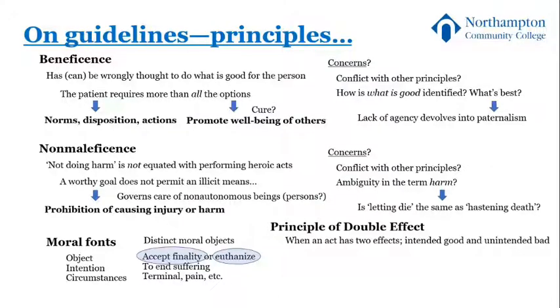Now, I tried to say that falls under accepting finality of life and not euthanizing. But we have to admit that it does have an unintended effect. The good effect is to end suffering. The unintended is that it will hasten their death. So the principle of double effect, this actually came out of Catholic moral ethics.